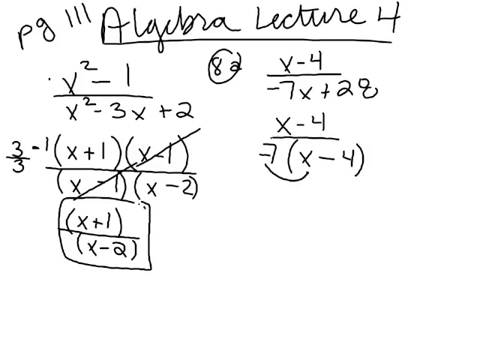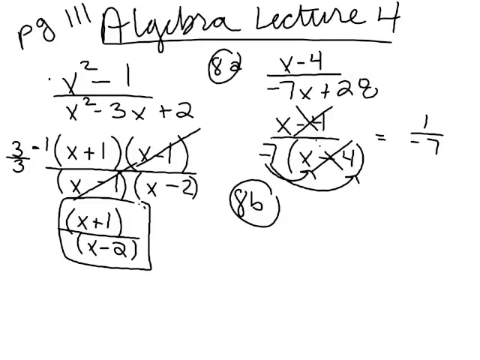So negative 7 times x, negative 7x, times the minus 4 would put me back at plus 28, which is what I started with. So then my x minus 4 will cancel, and my x minus 4 will cancel. So I'll be left with 1 over a negative 7. So that would be the simplified version of 8a.